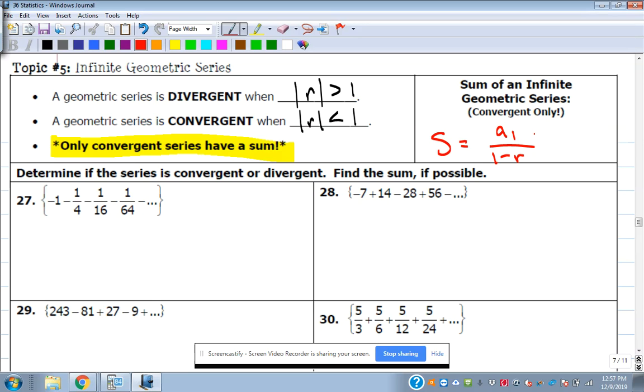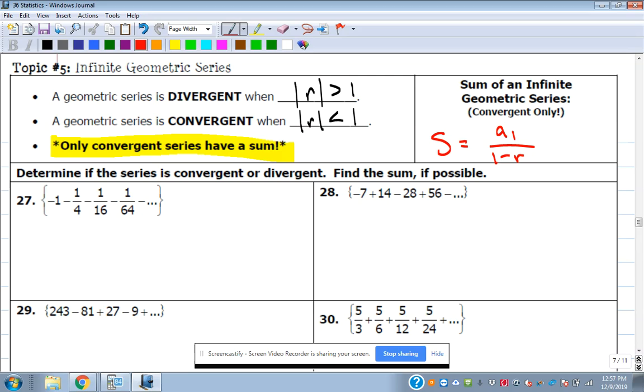That's the formula. That's not a certain number of terms. That's the entire series from beginning to infinity. It's an infinite geometric series. That only happens with convergent series. So let's look at each one of these and decide, is it convergent or divergent?